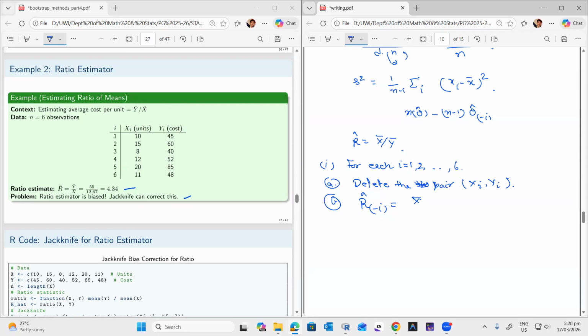Sorry, it is not x bar divided by y bar, it is y bar divided by x bar. So we calculate y bar divided by x bar for each minus i, and after that we calculate r bar dot, which is the mean of these 6 replicates.